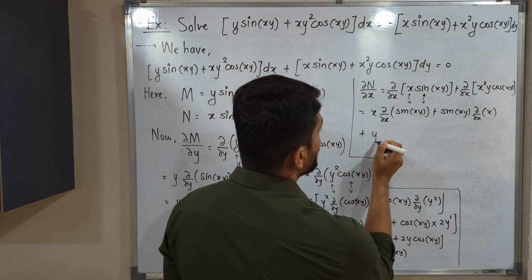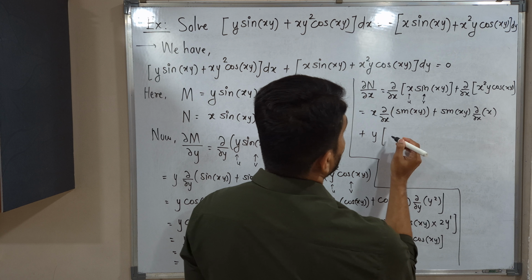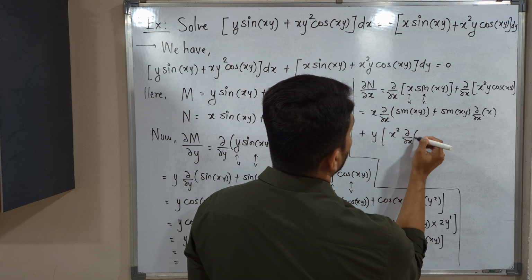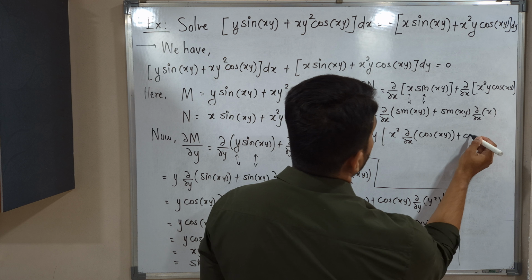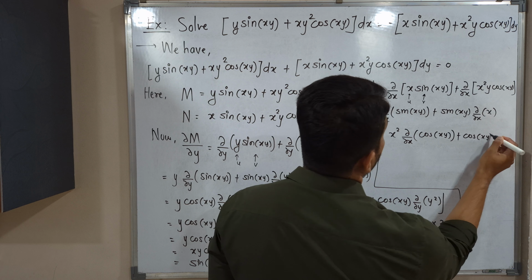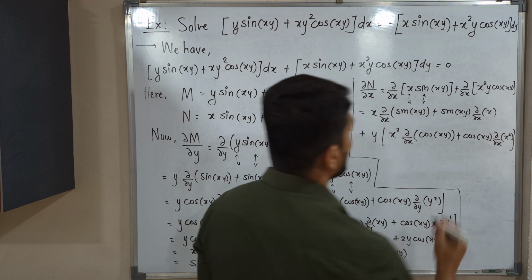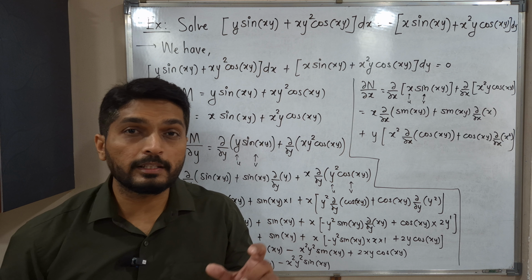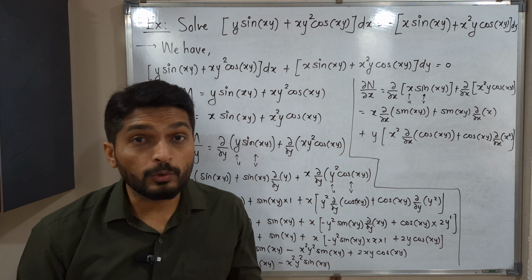So I'm keeping y outside, so u into v, x square is u and cos xy is v, so x square derivative of cos xy plus cos xy derivative of x square, right? So I'm using the u into v formula several times, and if there is any complicated function inside any function, we are supposed to use the chain rule again.